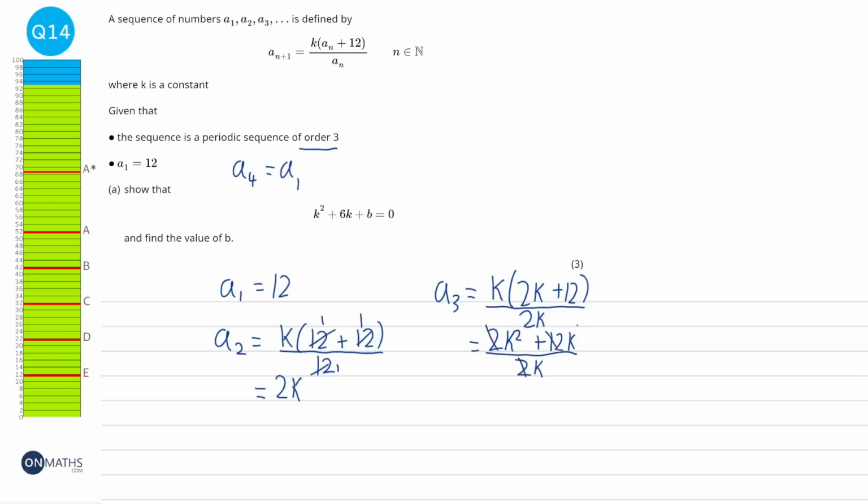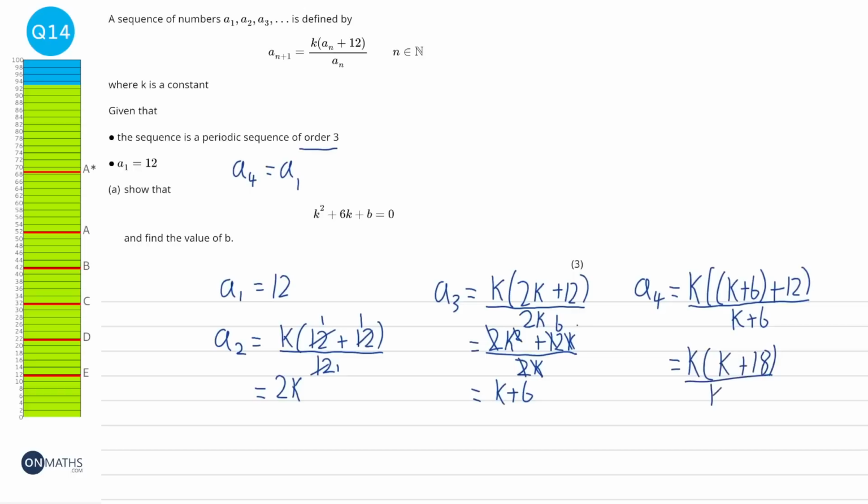Can divide by 2, can divide by k, so that would be k plus 6. And then we can find the fourth term, so it would be k, brackets k plus 6, plus 12, all of that over k plus 6. And so we're going to end up in the brackets with k plus 18 over k plus 6.